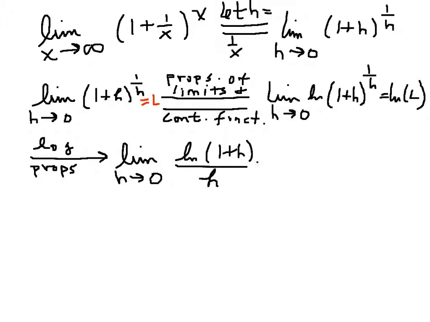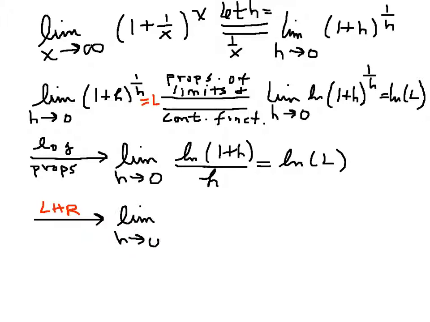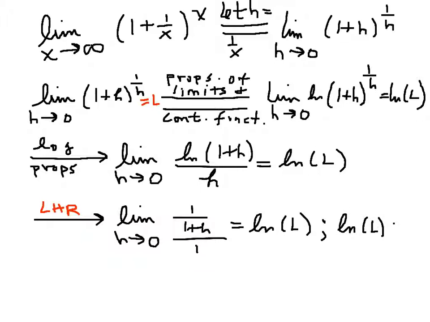And remember, that has to equal the ln of L. And so now we can invoke L'Hopital's rule on this limit. And we can write this as the limit as h goes to 0 of the derivative of the top over the derivative of the bottom. And that equals ln of L. Well, that limit is just 1, so that means the ln of L is equal to 1.